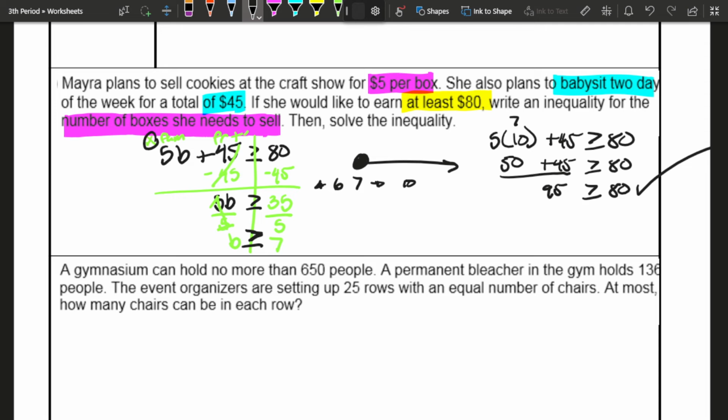So 7 is good. Let's try 6. 5 times 6. Just so that you can see why this is not a viable answer. What's 5 times 6? 30. 30 plus 45 is 75. So is 75 greater than or equal to 80? Nope.